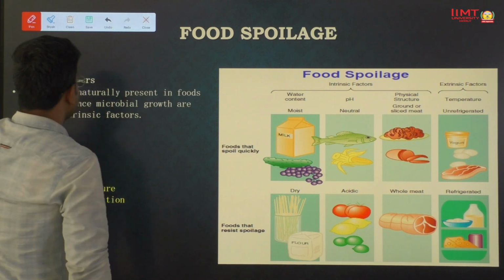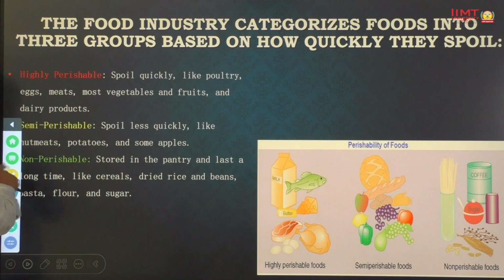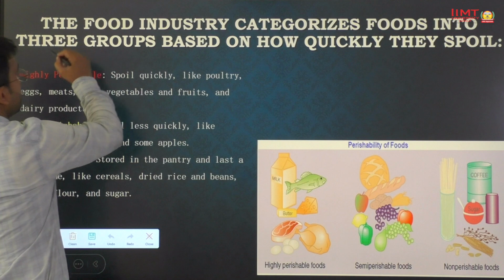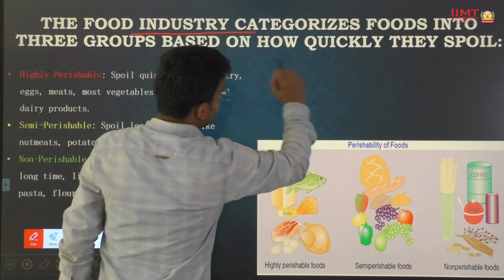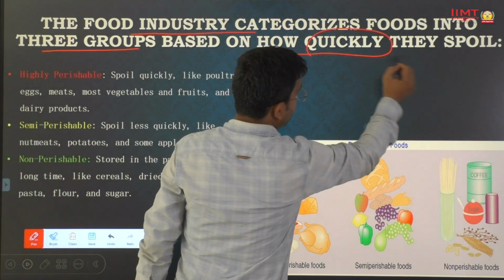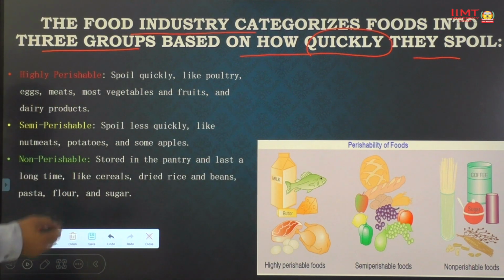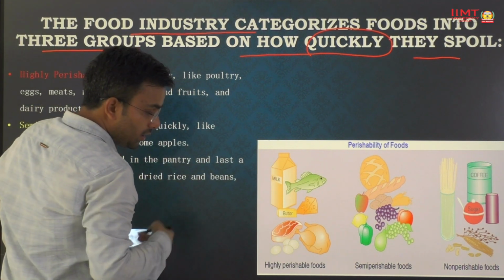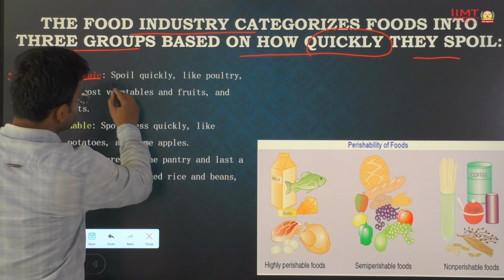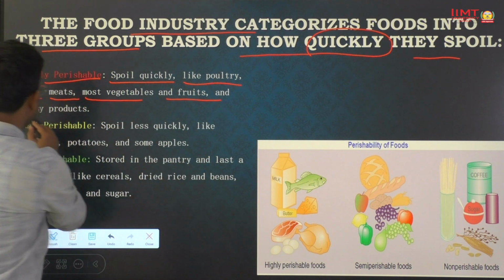So let us discuss the next point. Industries characterize food into three groups based on how quickly they spoil. The first is highly perishable, which spoils quickly, like poultry, eggs, meat, most vegetables and fruits, and dairy products.